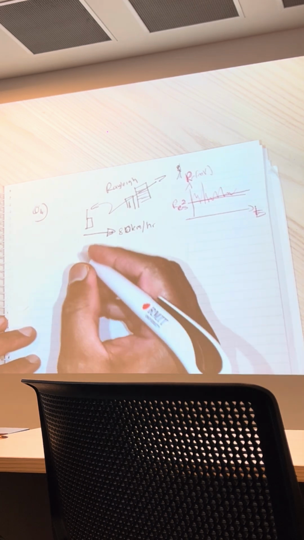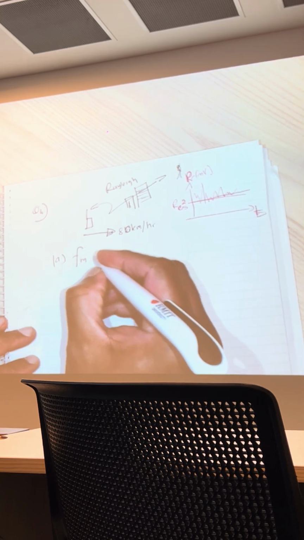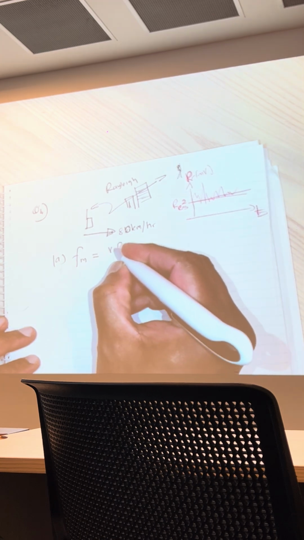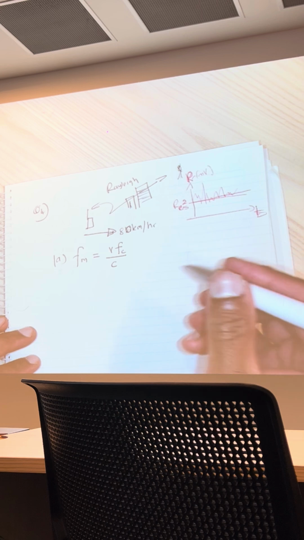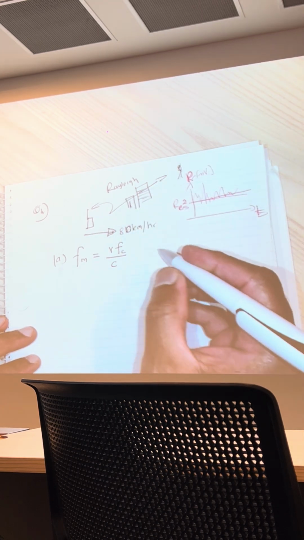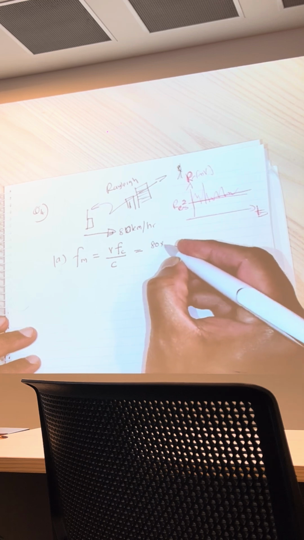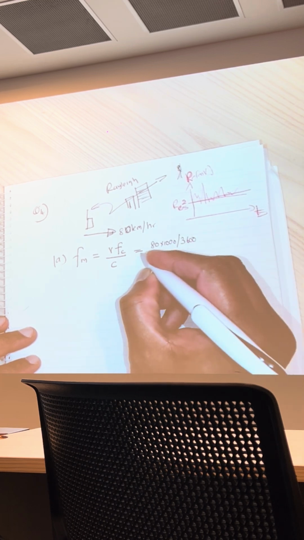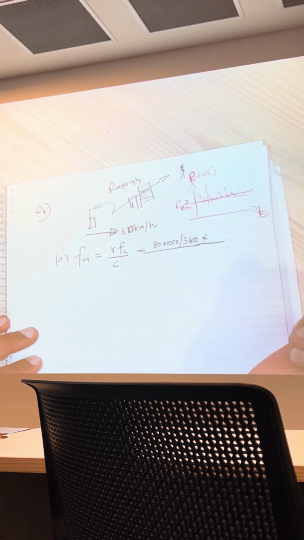And part A, you calculate the Doppler, or the maximum Doppler, Fm. It's pretty much the velocity times your frequency divided by the speed of light. The velocity is given as 80 kilometers per hour. We just need to convert that into meters per second, multiplied by the frequency, which is 90 megahertz.